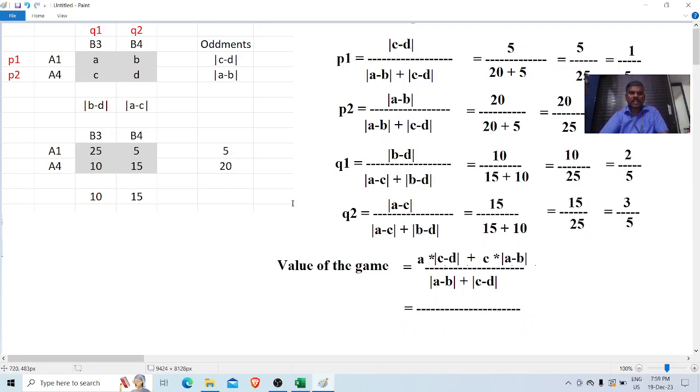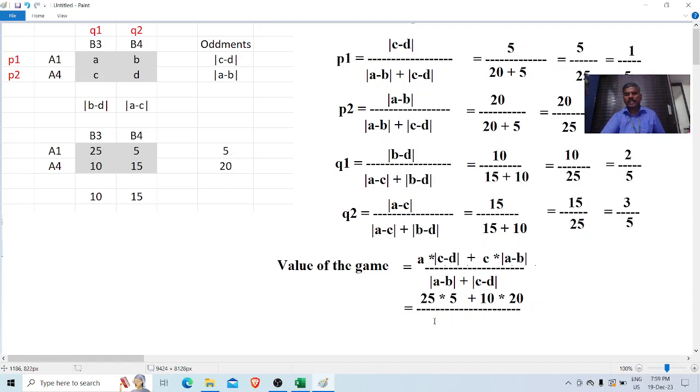The corresponding value is 25. 25 into modulus of C minus D. Modulus of C minus D is 5, plus C. What is the value of C? The corresponding value is 10. 10 into modulus of A minus B. Modulus of A minus B is 20.